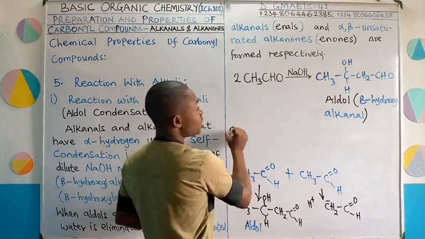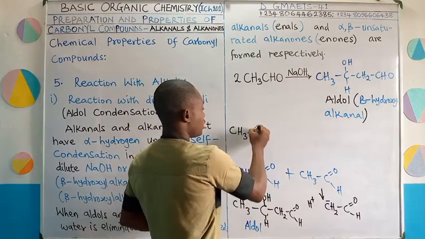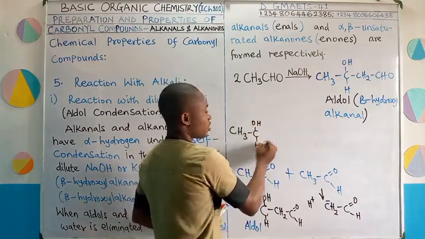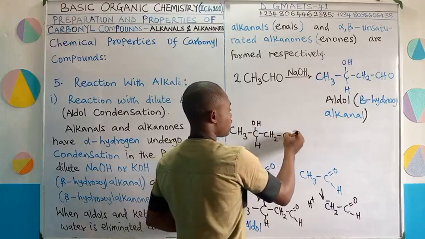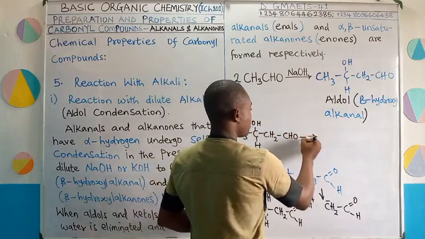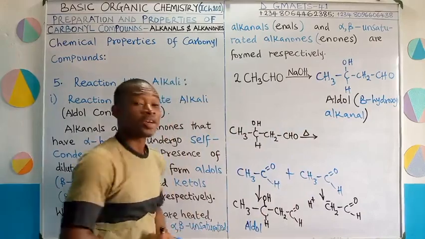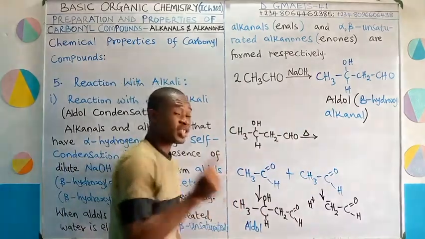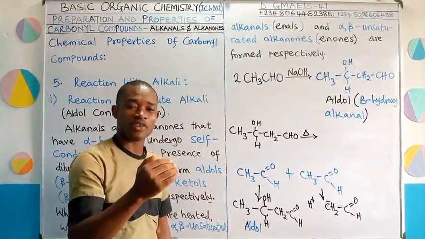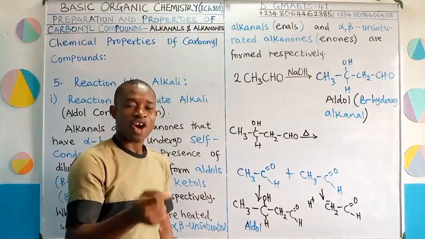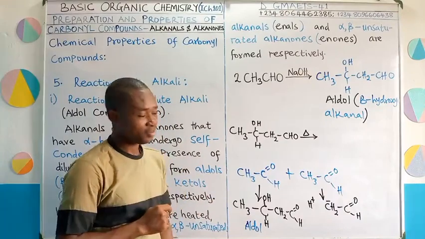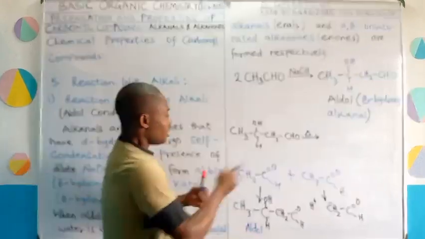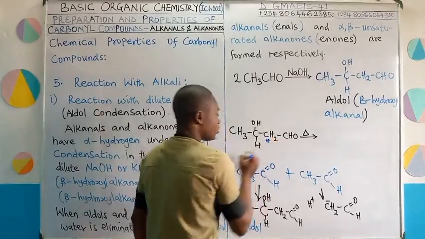The compound formed is CH3, we have this CH2 and then CHO. If I heat this, what is going to happen? Watch. We said that the compound that is going to be formed is alpha beta unsaturated alkanal. This is our alpha carbon.